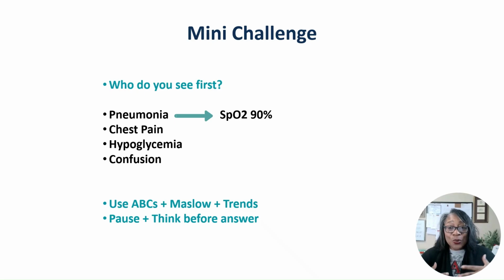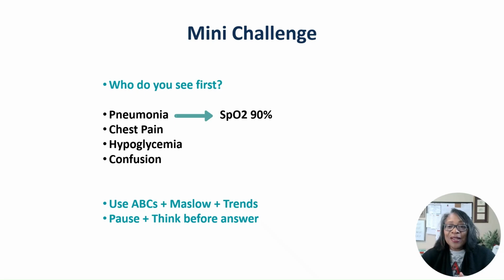Okay, so now let's do a mini challenge. It's your turn. You're going to have 4 clients that you have to see. You have a patient with pneumonia with an oxygen saturation of 90% on 2 liters nasal cannula. You have a client reporting chest pain, 7 out of 10, stable vital signs.